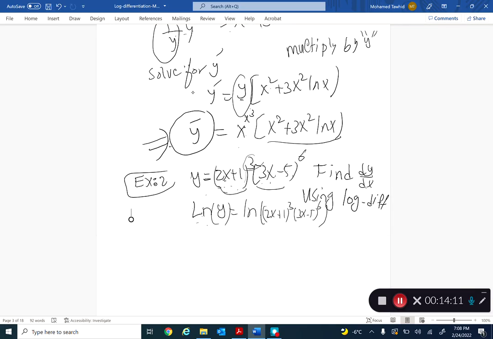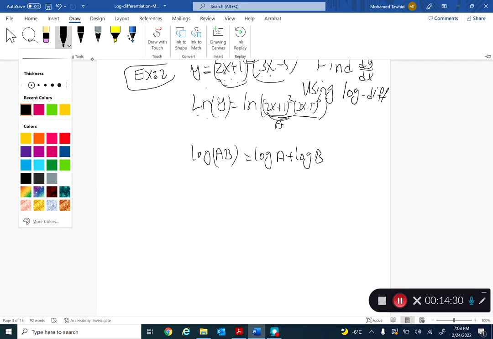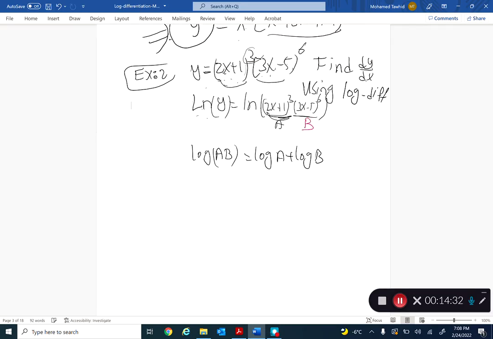So how to simplify? Look what you have. If you have log of a multiplied by b, then it will be log a plus log b. Here you have a product. If I use different colors here, this one is a and this one is b.